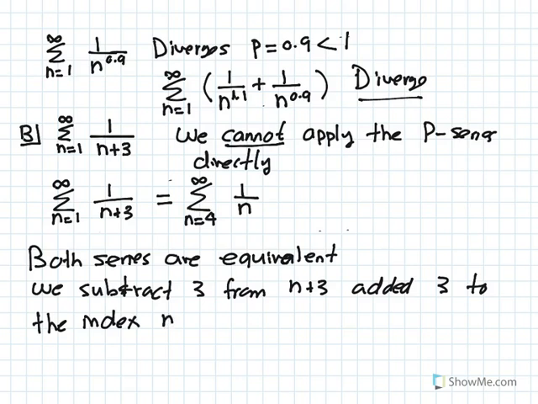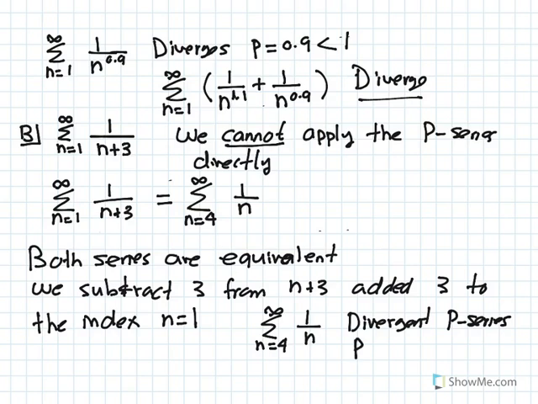So now summation n equals 4 to infinity 1 over n is a divergent p-series with p equal to 1.